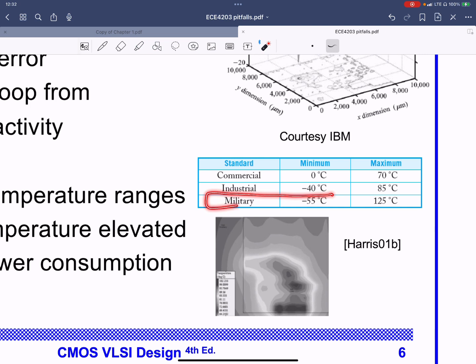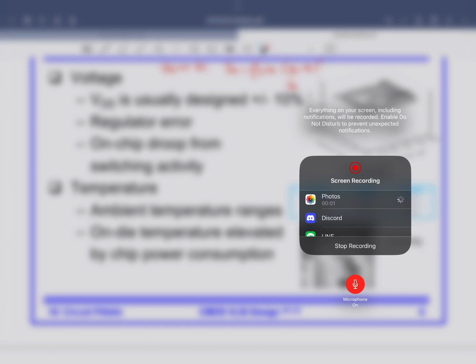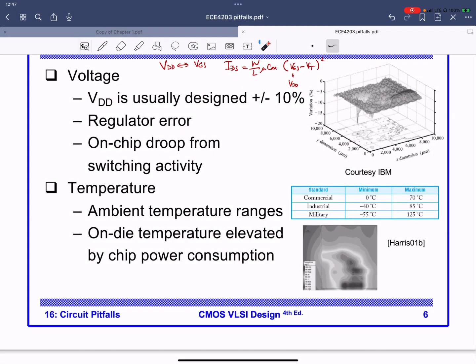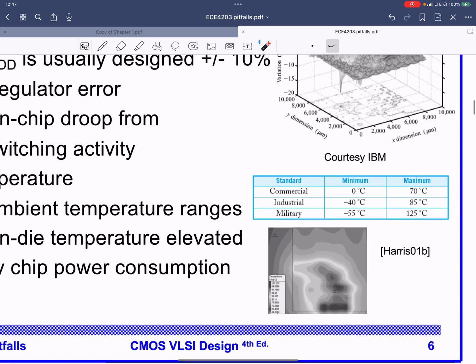And finally, military applications are the most stringent, where you could get very cold or very hot. As you can imagine, this chip sitting at minus 55 degrees or plus 125. So that's the ambient temperature issues.